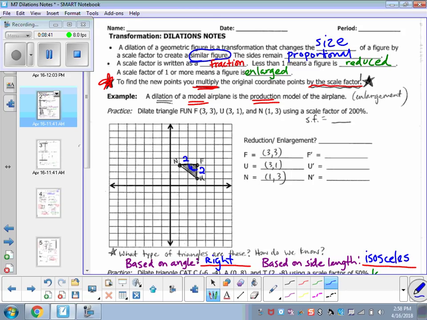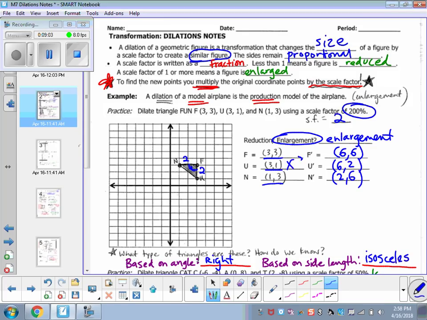And now all we're going to do is take our isosceles triangle, and since the scale factor is 2, we have an enlargement. And all we're going to do now is take each one of these coordinates and double them. So that's where I got this 6, 6. That's where I got 6, 2. And this is where I get 2, 6.